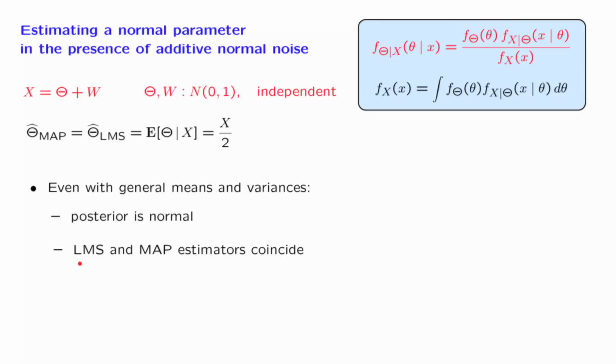So the expected value or least mean squares estimator coincides with the maximum a posteriori probability estimator. And finally, although this formula will not be exactly true, there will be a similar formula for the estimators, namely the estimator will turn out to be a linear function of the measurements. We will see that these conclusions are actually even more general than that. And this is what makes it very appealing to work with normal random variables and linear relations.